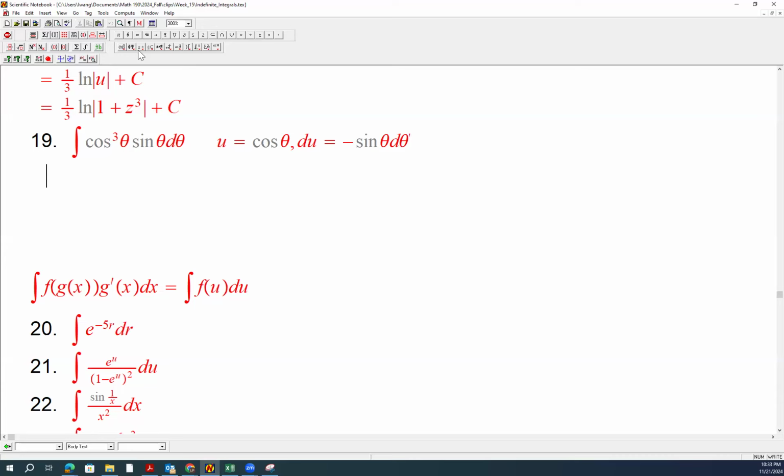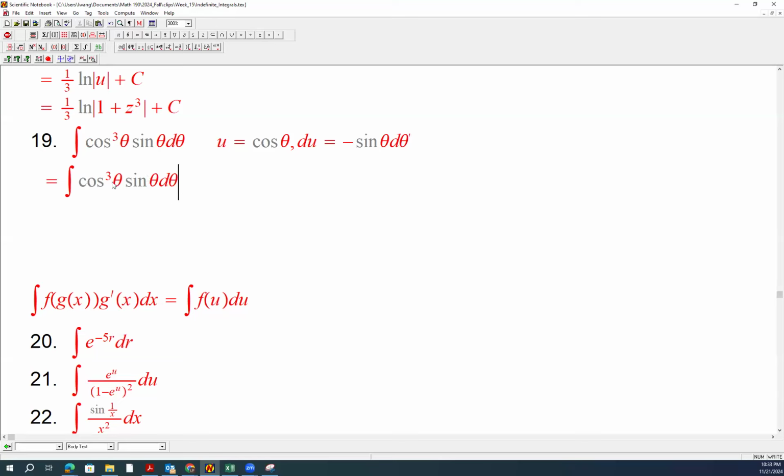So then we're going to go ahead with the substitution. And you can see this part would just be u raised to the power of 3. And sine theta d theta, if you'd like to see how it's being solved for, is really equal to negative du. And so this is a negative du.